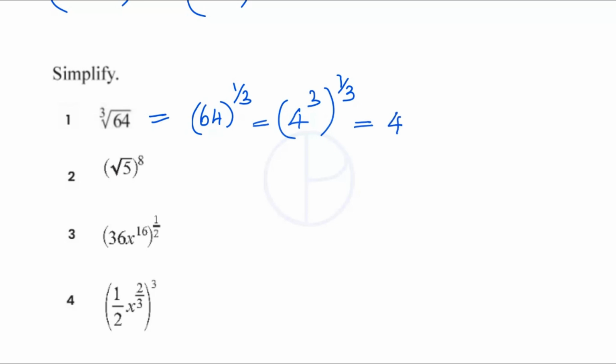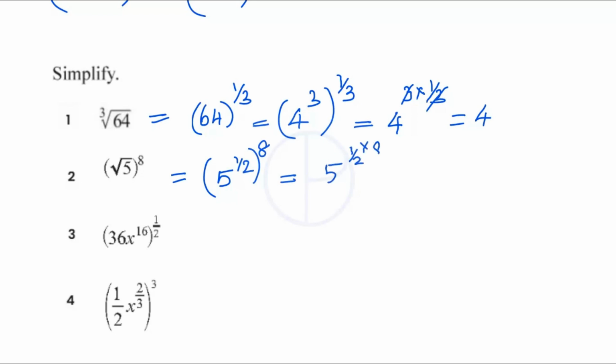It's actually a multiplication. So we get 4. Okay. Square root of 5 can be written as 5 power 1 over 2, the whole power 8. Now apply the law of indices for raising a power to another power. 5 power 1 over 2 multiplied by 8, which is nothing but 4. 5 power 4.